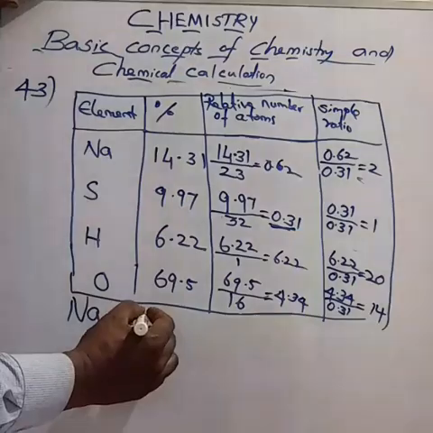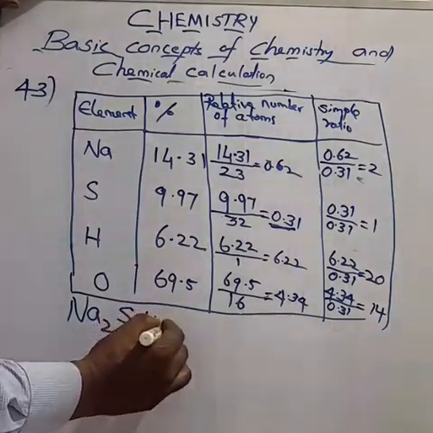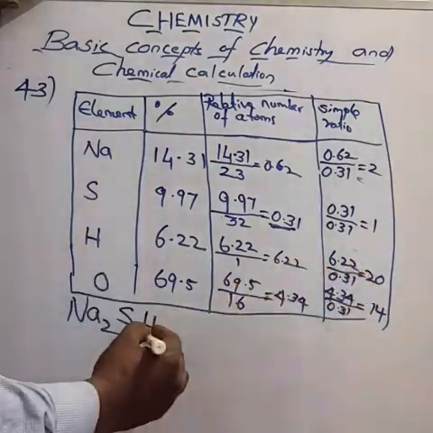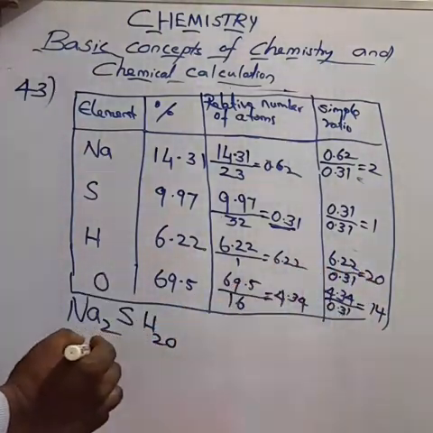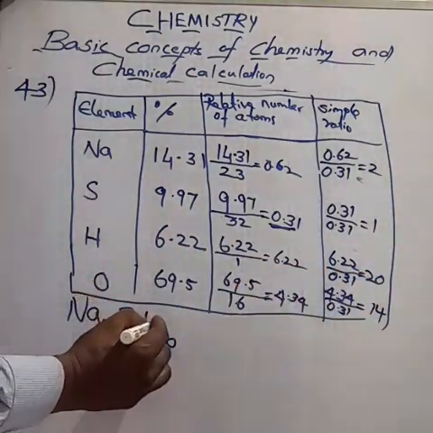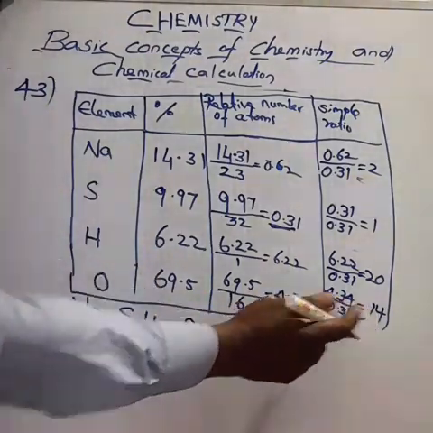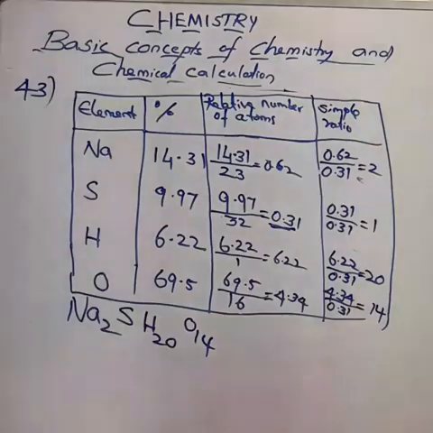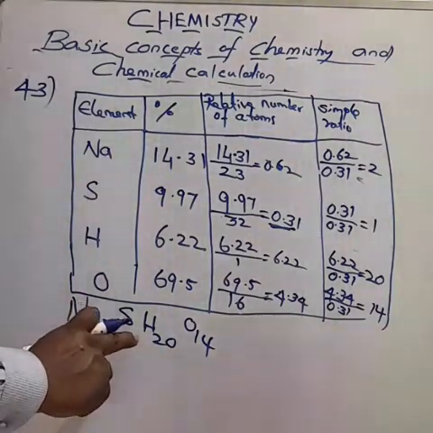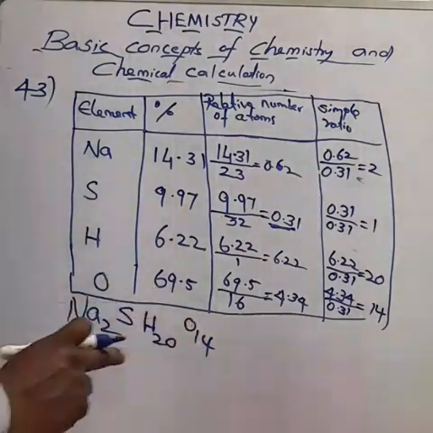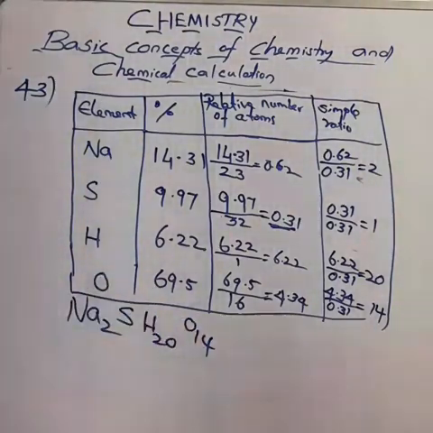Next element is hydrogen, H. Here for hydrogen the simple ratio value is 20. Next oxygen, symbol of oxygen is O. Here the simple ratio value we get is 14. So what is the empirical formula we get? Na2 S H20 O14.